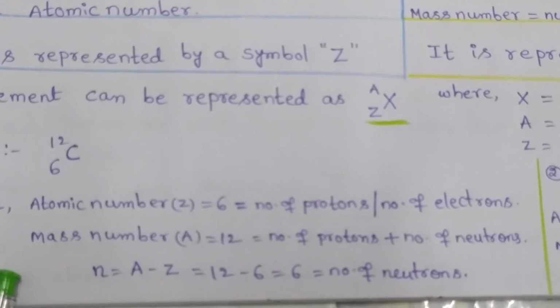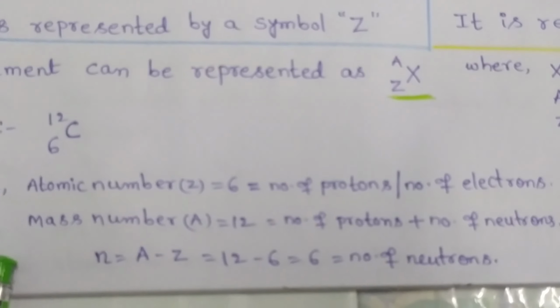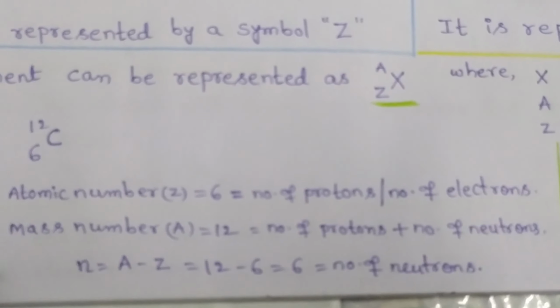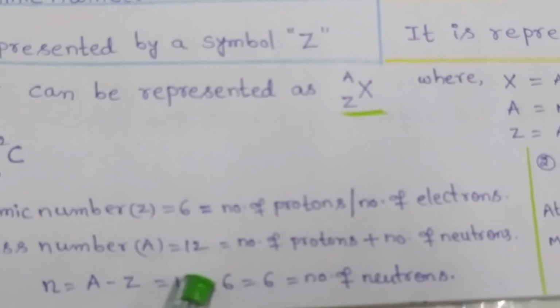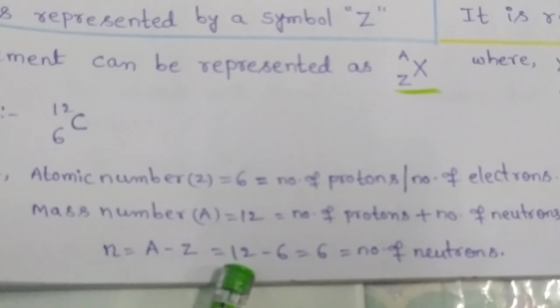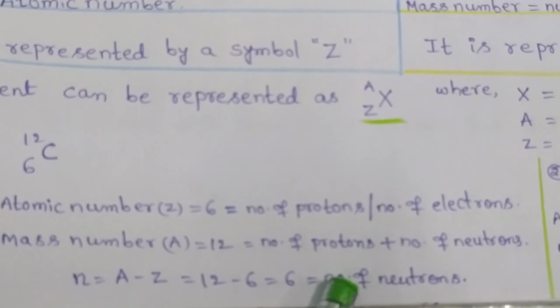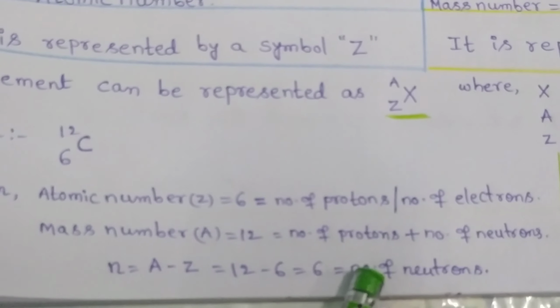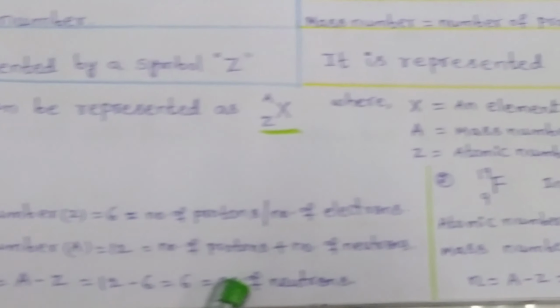That means the number of protons and number of neutrons is equal to 12, so the carbon contains 6 neutrons. When we subtract 12 minus 6, that means mass number minus atomic number, we get the number of neutrons. That means the carbon contains 6 neutrons, 6 protons and 6 electrons.